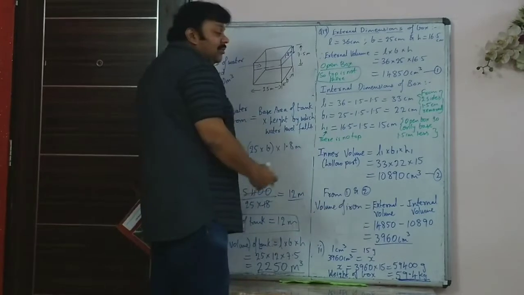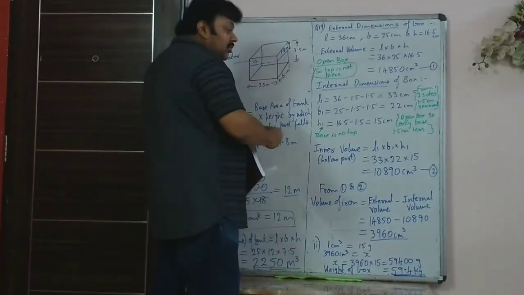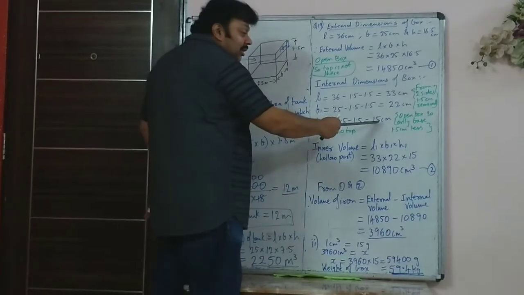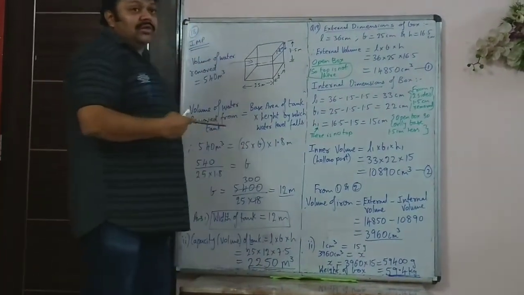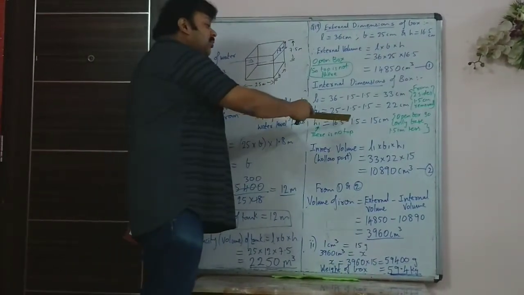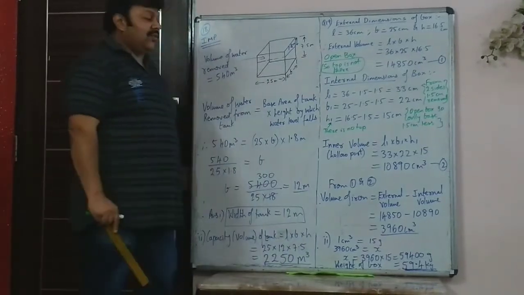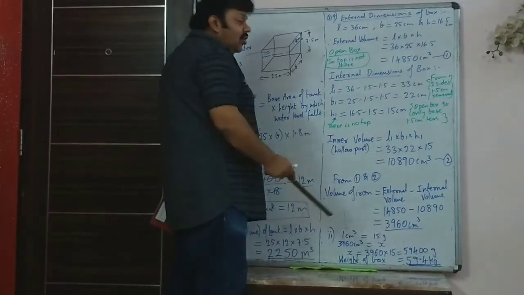So only from the base 1.5 centimeter is removed. This is the important thing. Many people go wrong here. They take it as 16.5 minus 3, which is 13.5. It is 16.5 minus only 1.5, because the base is there but the top is open.